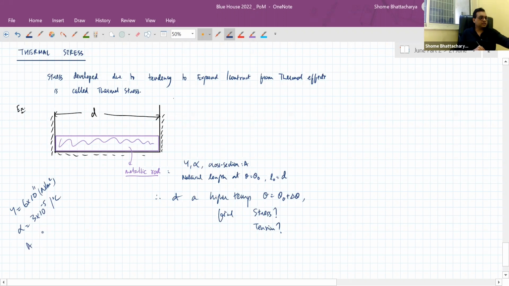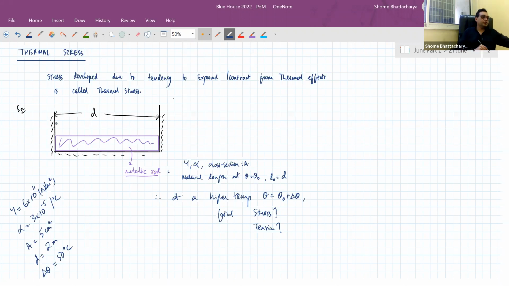Area of cross section is 5 centimeters square, and the natural length at the original temperature is 2 meters, and let's say we are subjecting it to a temperature rise of 50 degrees C. So from that we will calculate the stress in newtons per meter square and the actual value of the tension in newtons that the rod develops. These are rigid walls, so they will not move under the action of the stress in the rod.